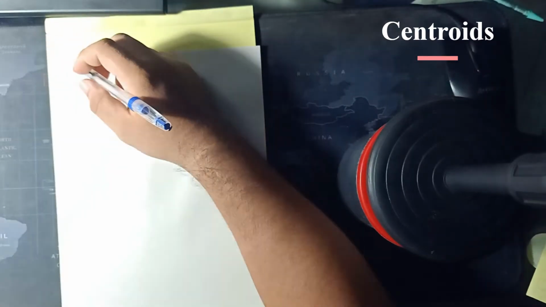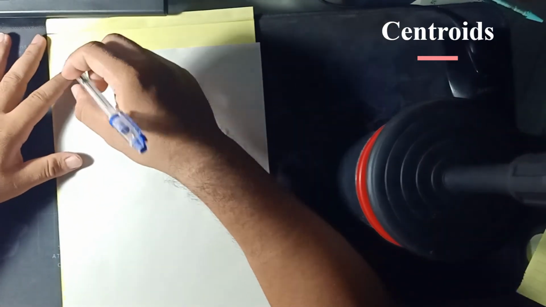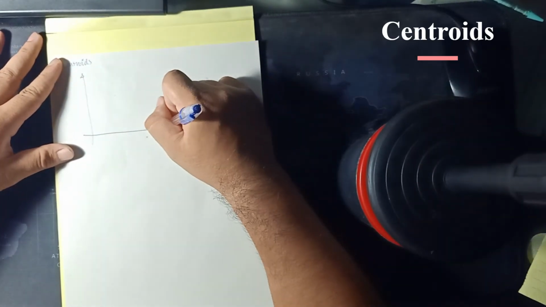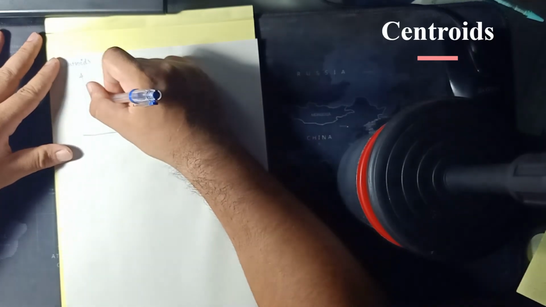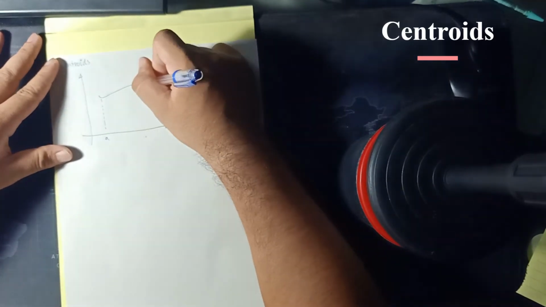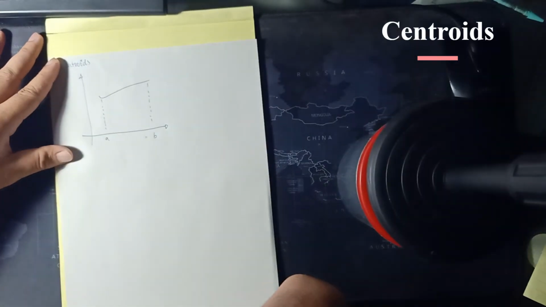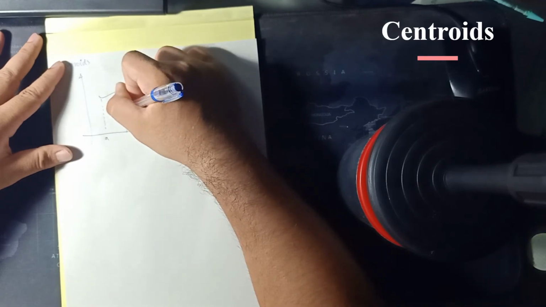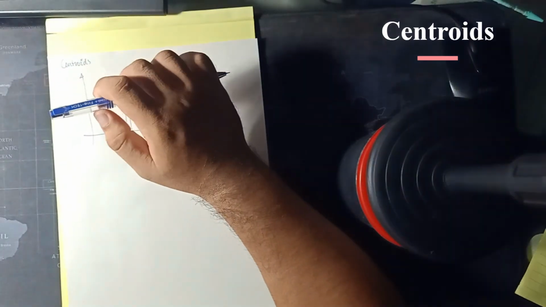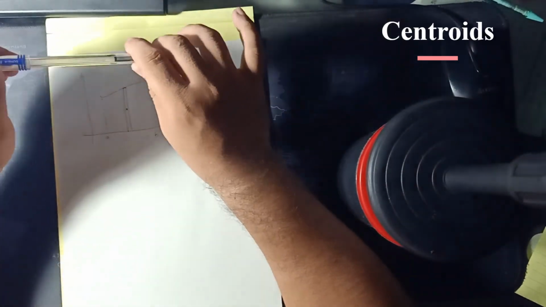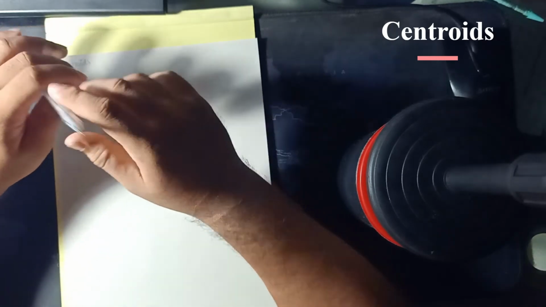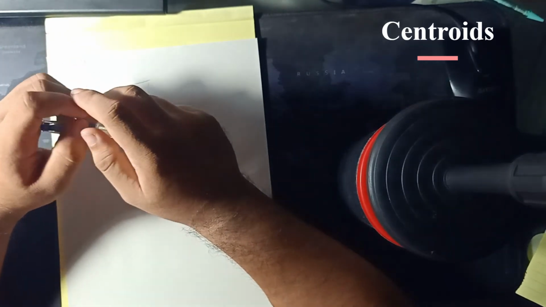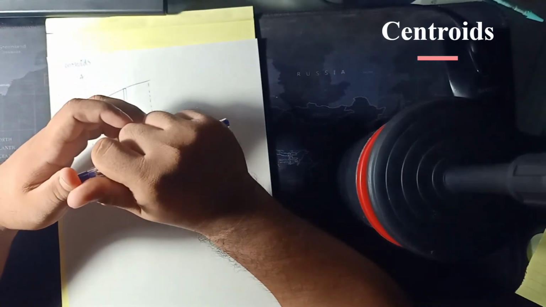So for centroids, let's say I have here a curve which has limits from A to B, and you now put here your strip. But first, before I forget, centroids are also taught in physics.